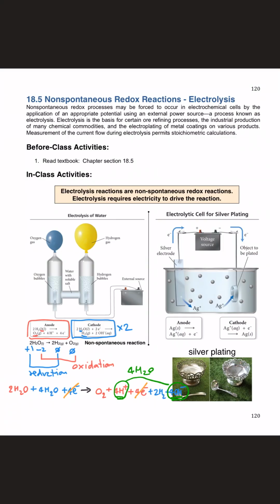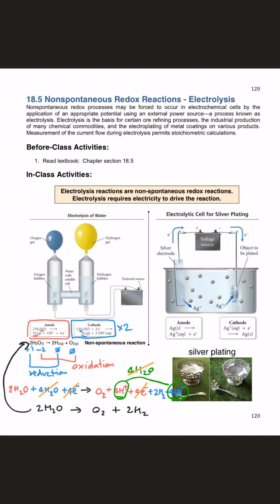Therefore, you also observe 4 water on both sides of the equation, so you can cancel the 4 water. The overall reaction you obtain is 2 water dissociating into oxygen plus 2 hydrogen gas, which is exactly identical to the overall reaction that we see here.